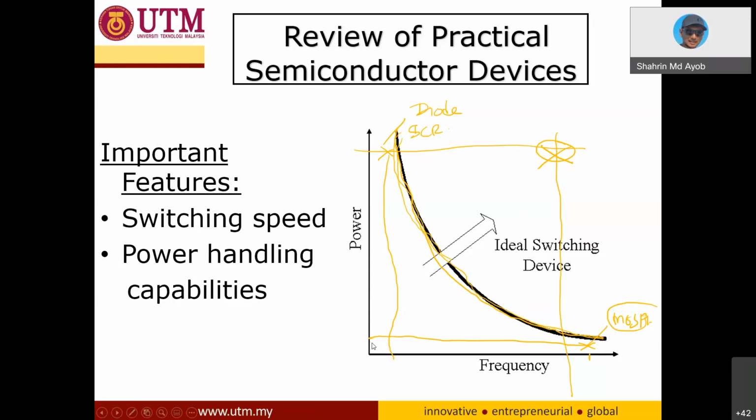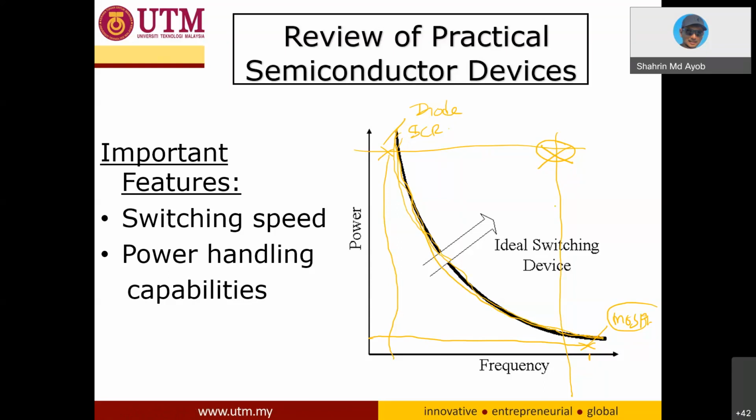This is due to our technology limitation right now. Research in materials hasn't yet found the most suitable material to manufacture semiconductors that can handle high power and have high switching frequency capability.